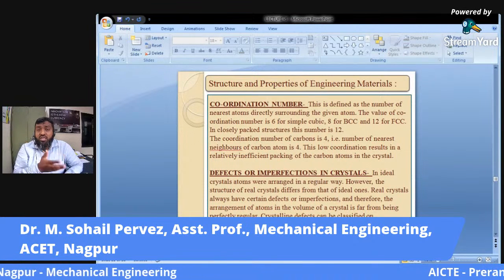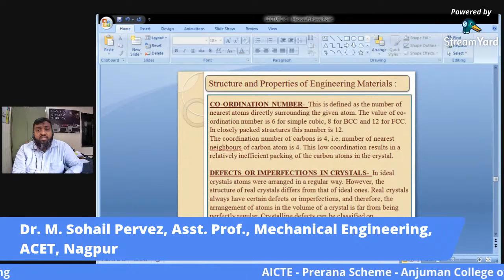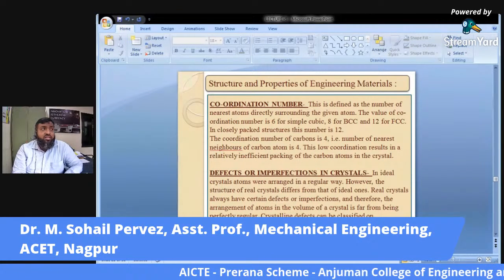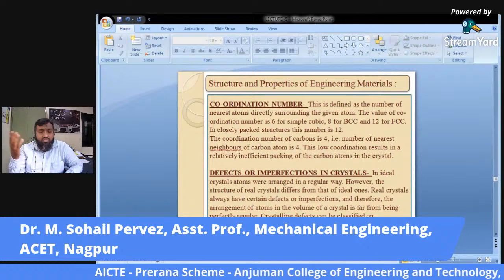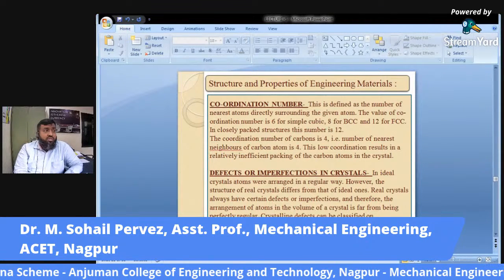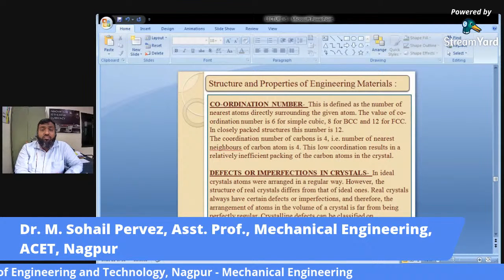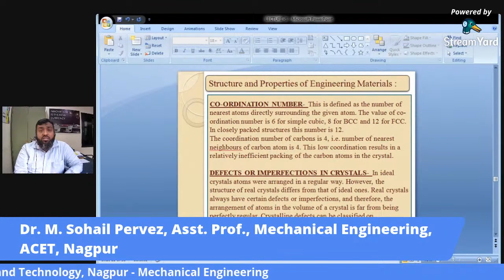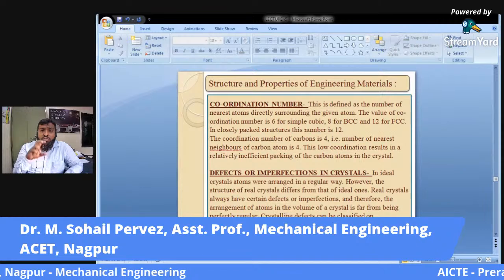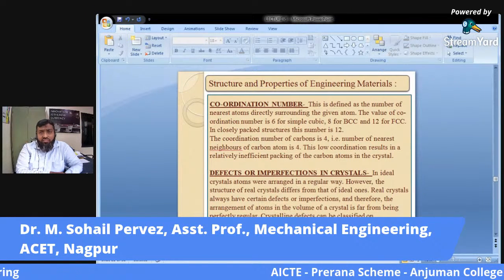In hot sunny summer days, if the temperature is 47, 48 degrees centigrade, and these rails are at say 2:30 or 3 p.m., the temperature is high, the metal will expand.